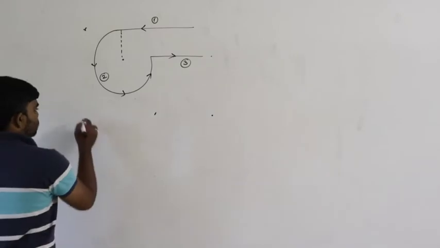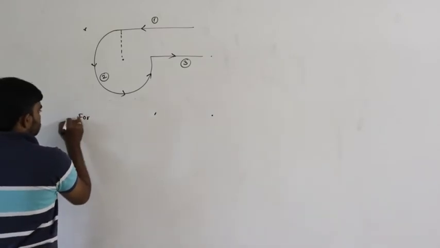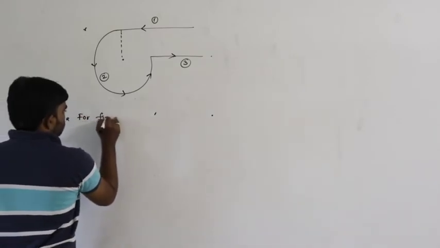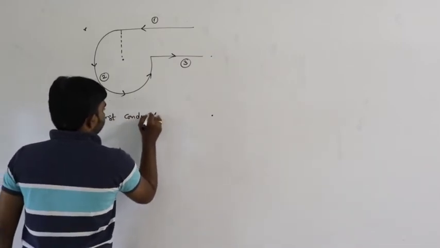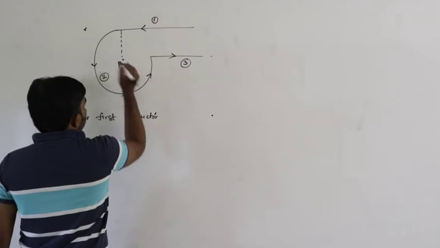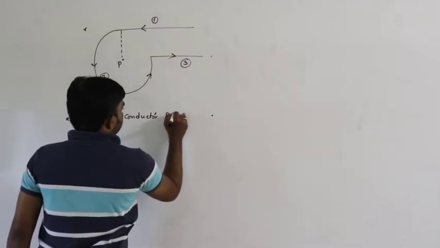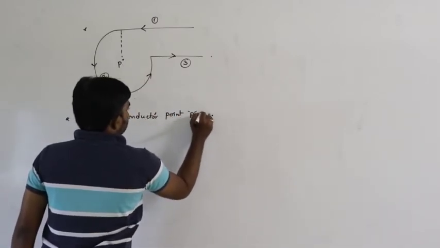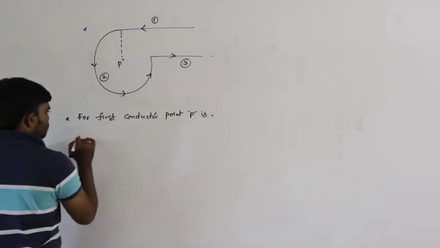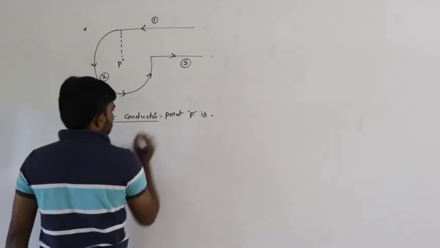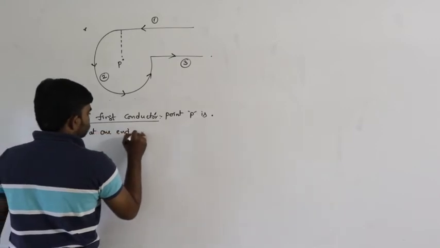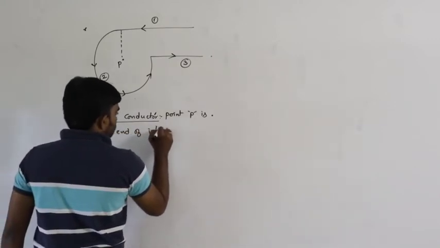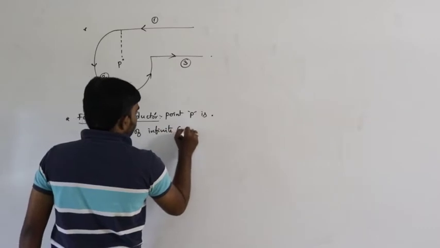See here, for the first conductor, point P is at one end of an infinite current carrying conductor.